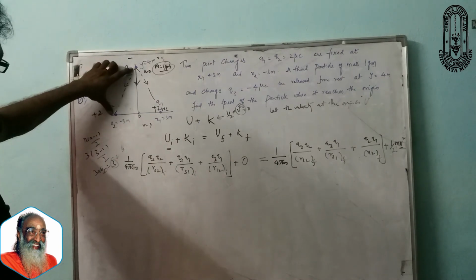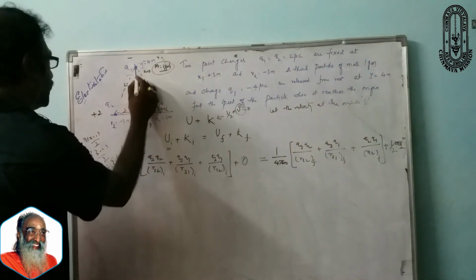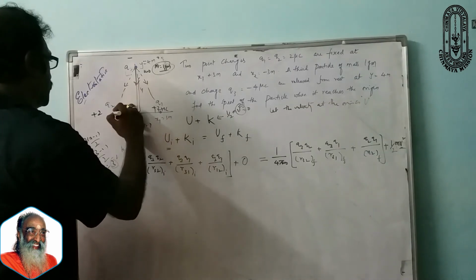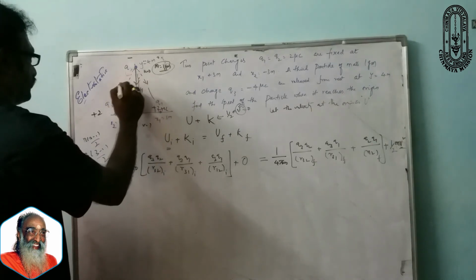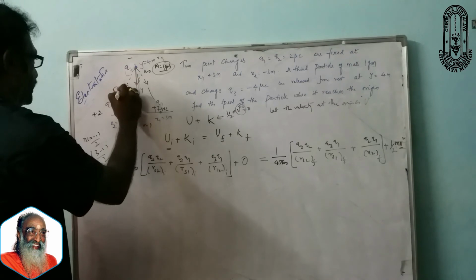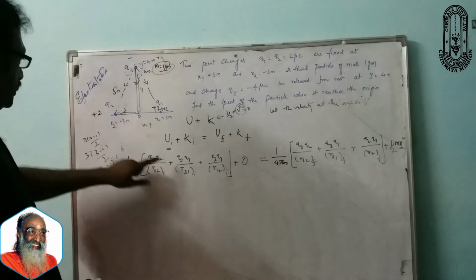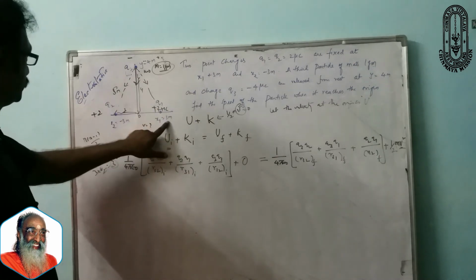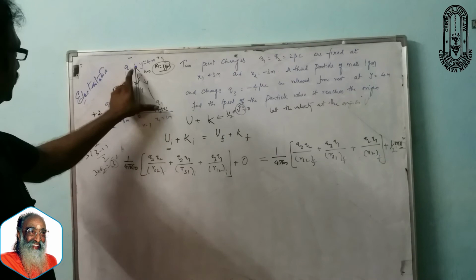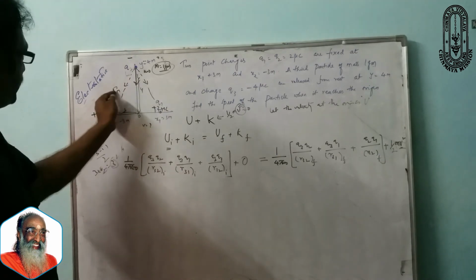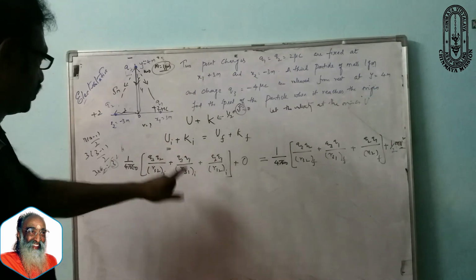This is R32, and here it is 3, and here it is 4. And this is the square root of 3 square plus 4 square, root of 25, that is 5 meter. So this R32 initially is 5. Q3 and Q1, Q3 value you know, Q1 value you know, already given, and the distance between them is same as this, it is 5, plus Q2 Q1 by R12 initial.